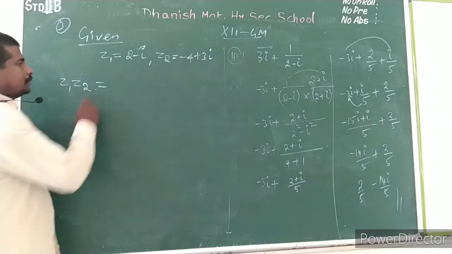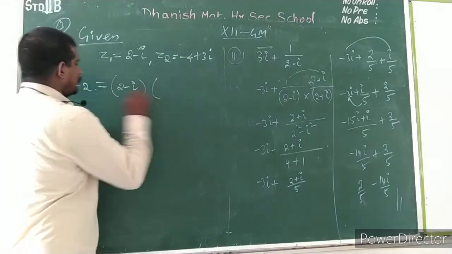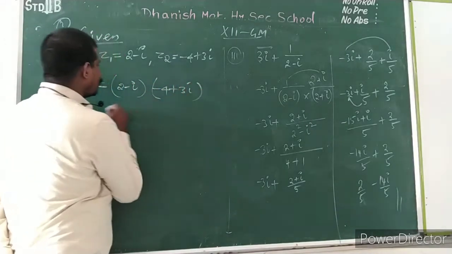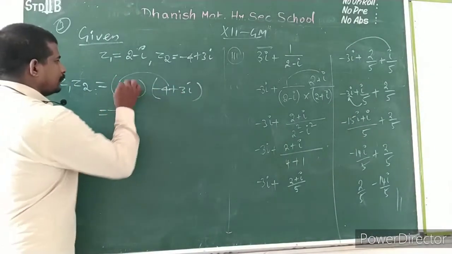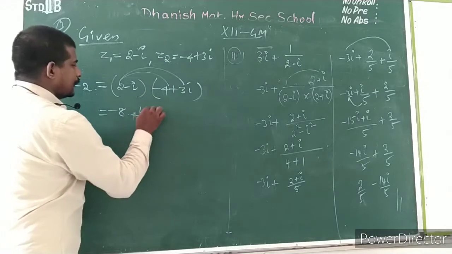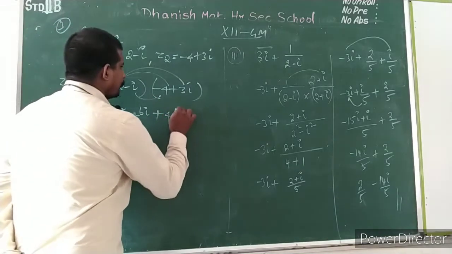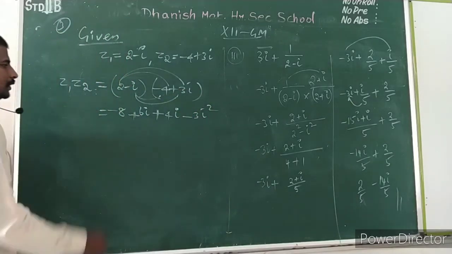z1 z2 equal to, what's our z1? 2 minus i into, what's our z2? Minus 4 plus 3i. Now I am going to multiply these two. Minus 8 plus 6i plus 4i minus 3i whole square. Okay.